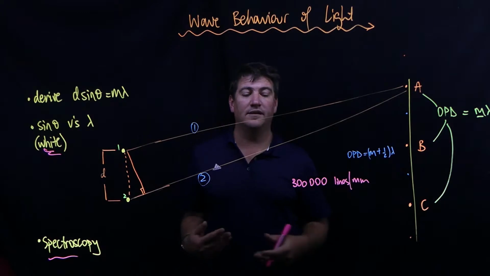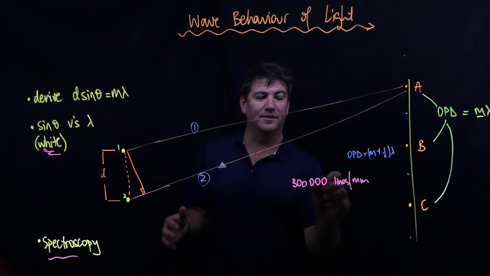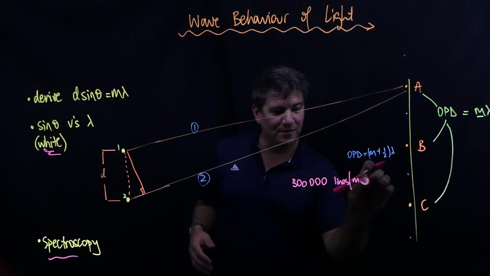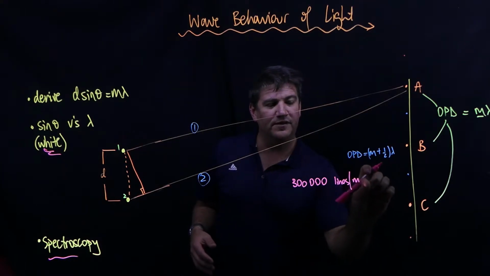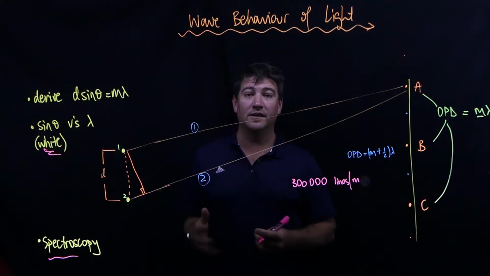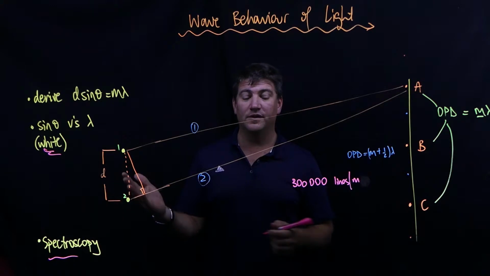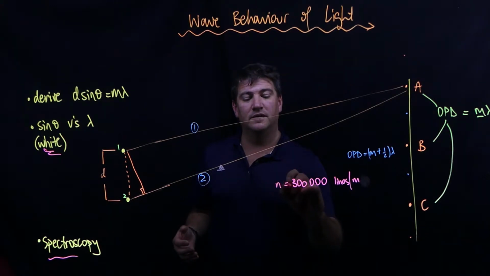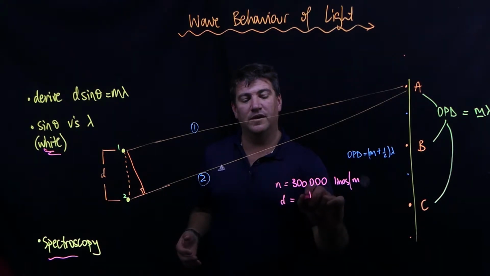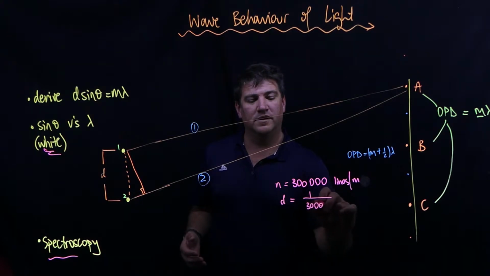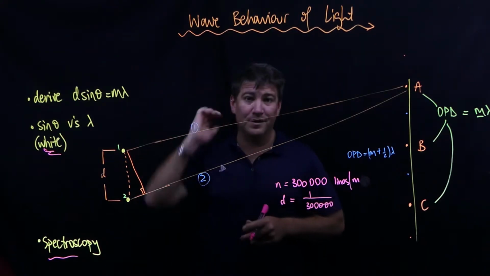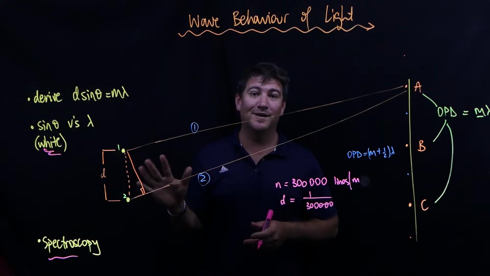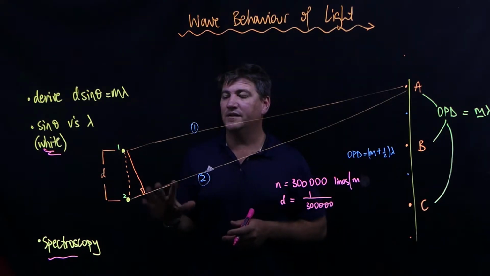What that would mean is we've got to look at 300,000 lines per metre. They're generally quoted in lines per mil, but what we're looking at in this case is lines per metre. So in this value here, d is 1 over 300,000. Alright, so it's incredibly small, which is why we can break trig in a little bit.